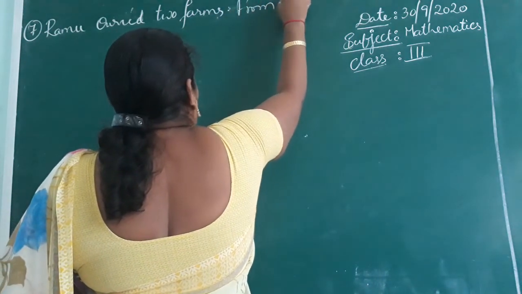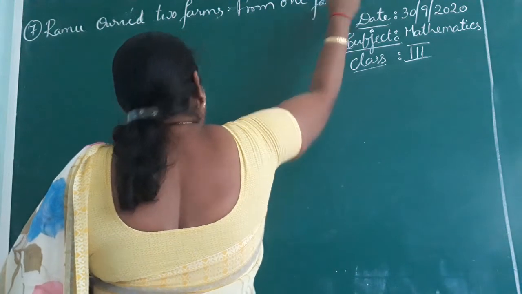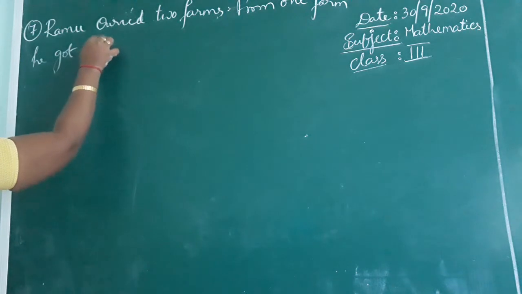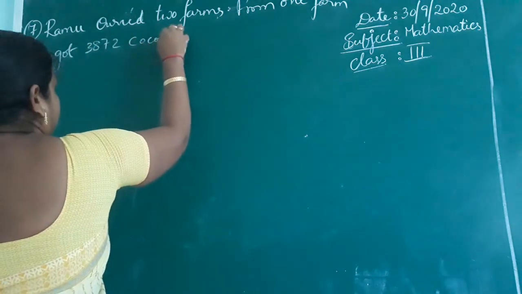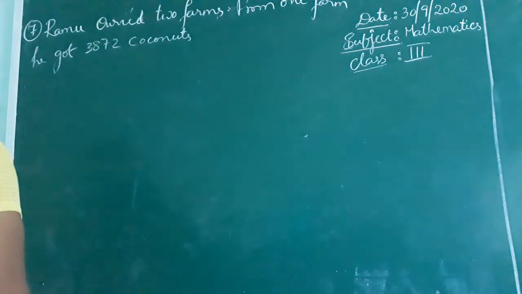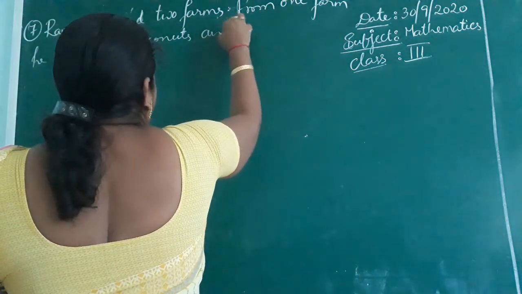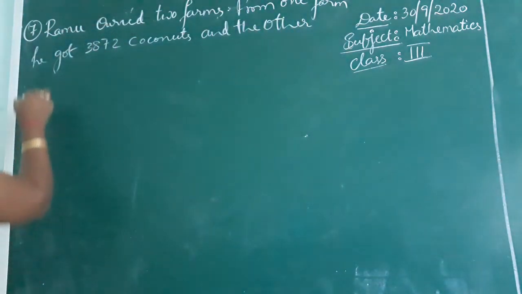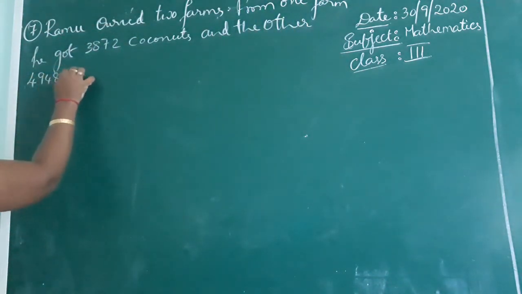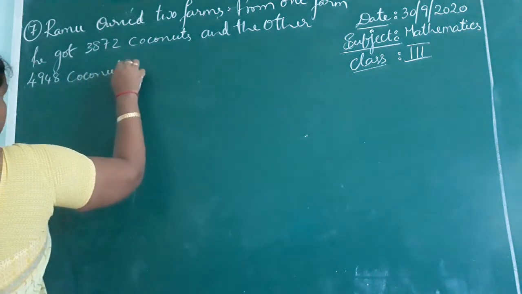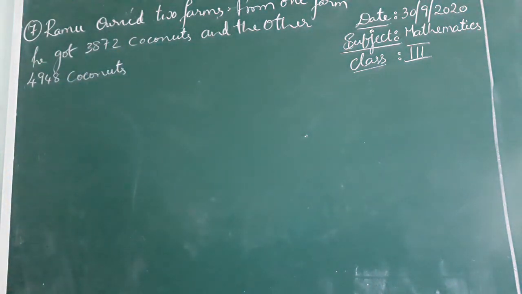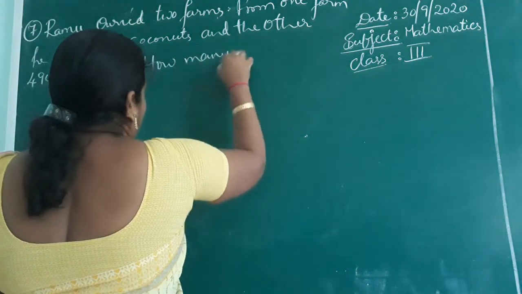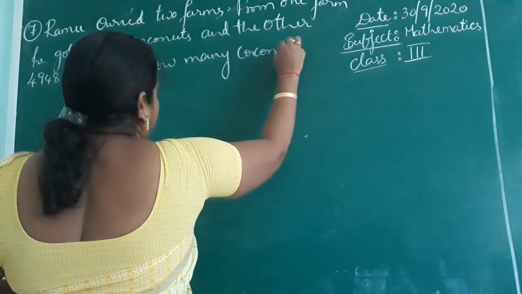From one farm, he got 3,872 coconuts, and from the other, 4,948 coconuts. How many coconuts did he get in all?